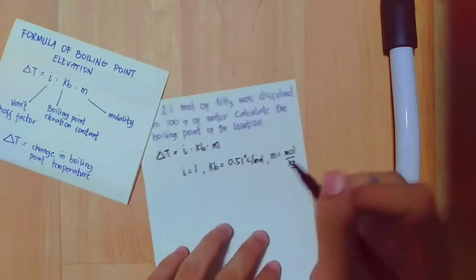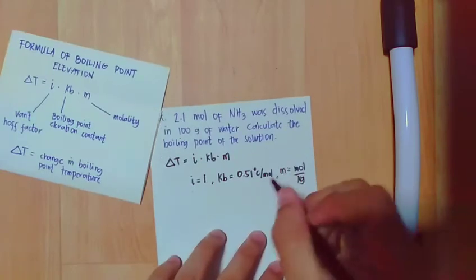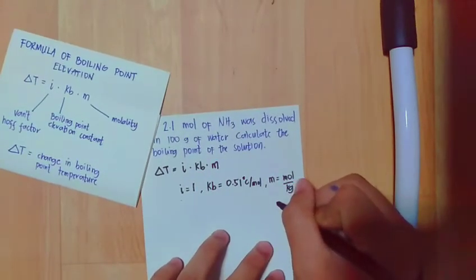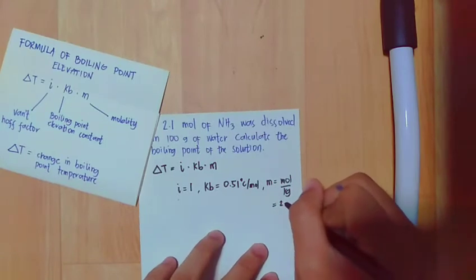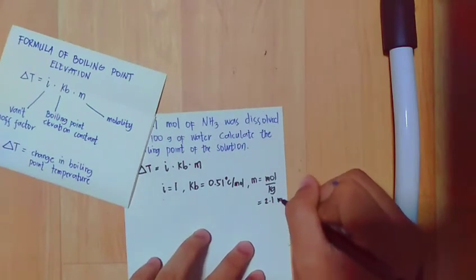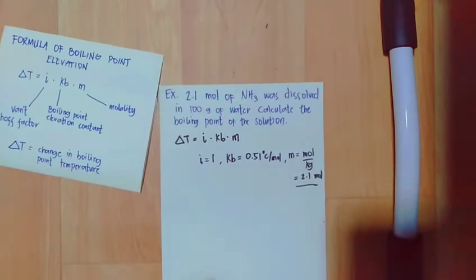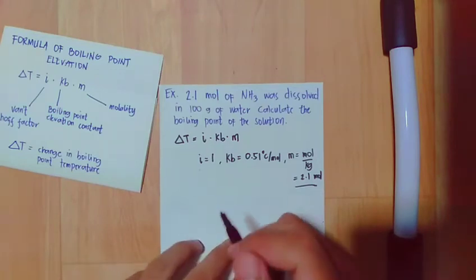The given mole is 2.1 mole over the 100 grams of water, and we're going to convert it into kilogram.